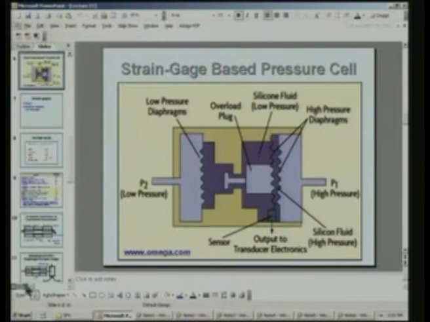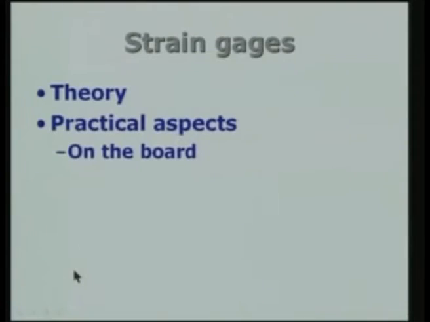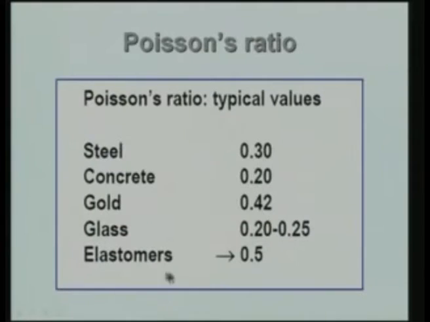So, let us go back to the presentation, where I have some information on typical values of Poisson's ratio for many materials. Steel is a very popular material for diaphragm, for example. I am not talking about the strain gauge itself; the element which undergoes strain is also there, the diaphragm, for example.